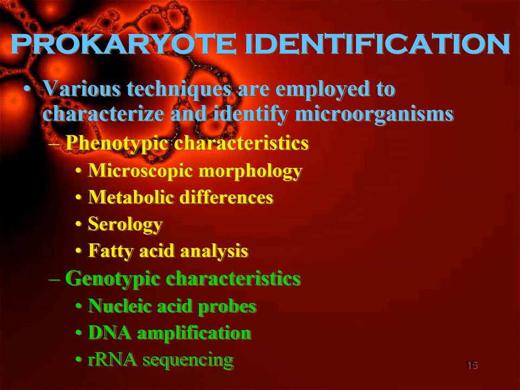While genotypic characteristics are used at the genetic or molecular level to characterize the organism. These include nucleic acid probes, DNA amplification, rRNA sequencing, and essentially PCR or polymerase chain reaction.